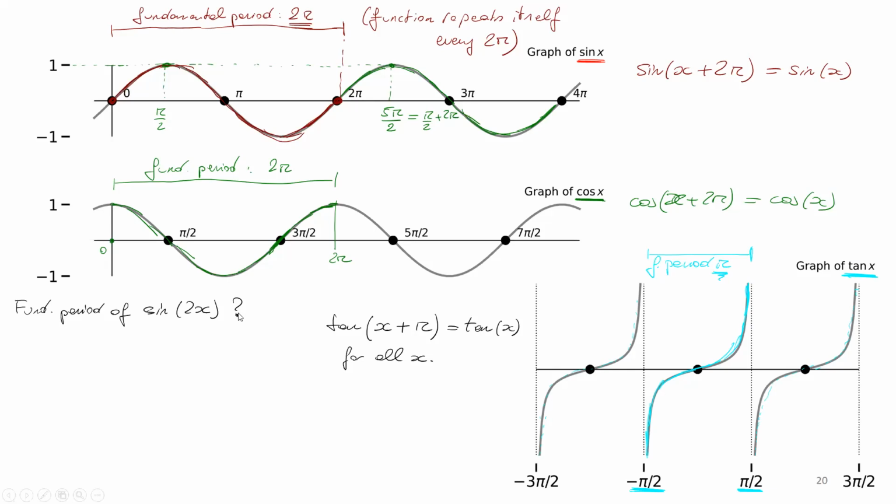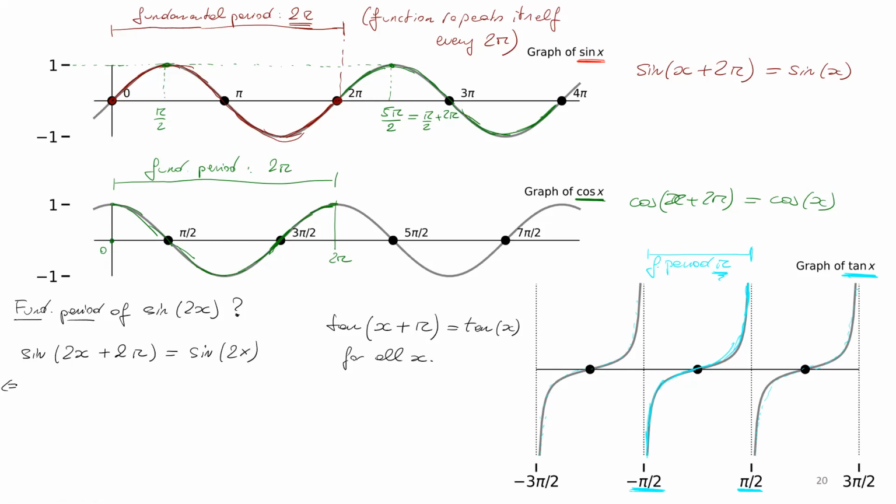or you can try to think a little bit about what we mean by the fundamental period. So we know that if you take the function sine 2x, and you add 2 pi to it, then 2 pi doesn't change the function value, so we get back sine 2x.